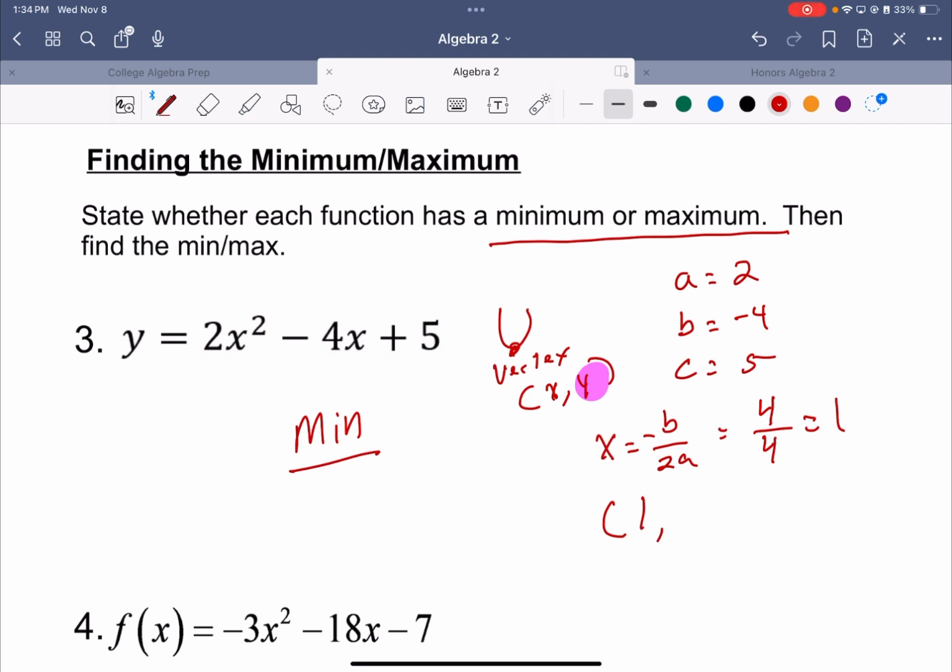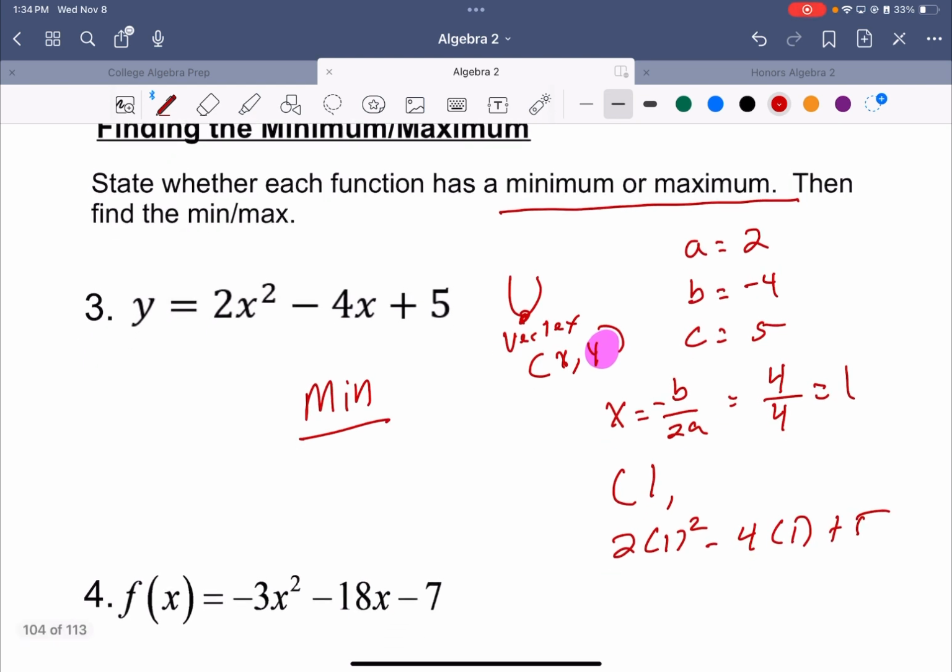Now we plug it into our original equation: 2 times 1 squared minus 4 times 1 plus 5. 1 squared is 1, so that's 2, then 2 minus 4 plus 5 is 3. So my vertex is at 1, 3.